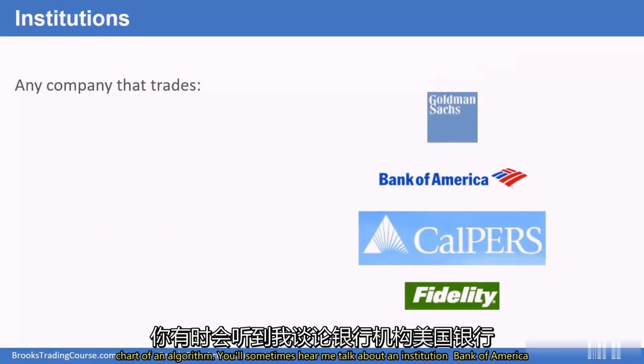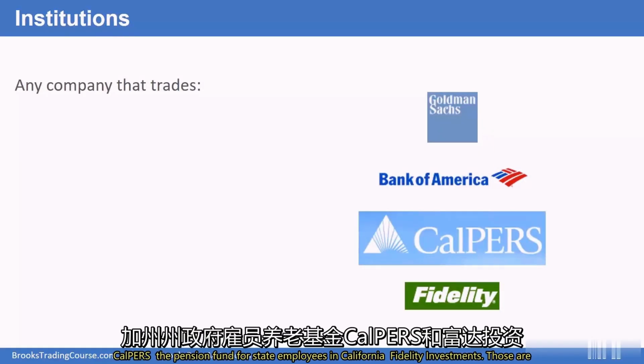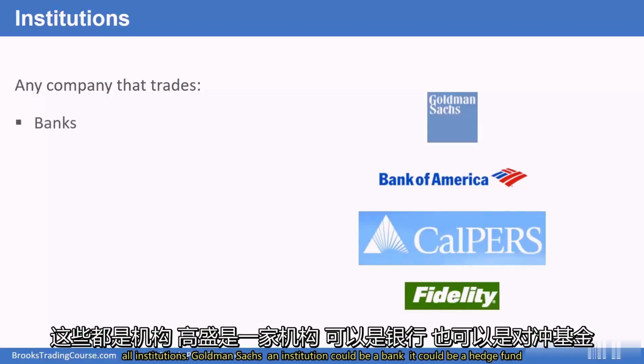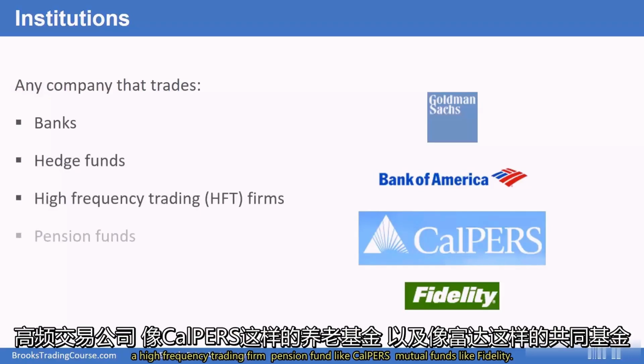You'll sometimes hear me talk about an institution: Bank of America, CalPERS, the pension fund for state employees in California, Fidelity Investments, Goldman Sachs. Those are all institutions. An institution could be a bank, a hedge fund, a high-frequency trading firm, a pension fund like CalPERS, or mutual funds like Fidelity.